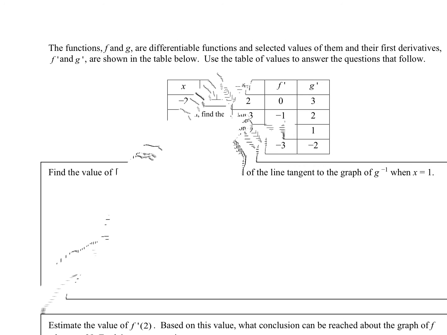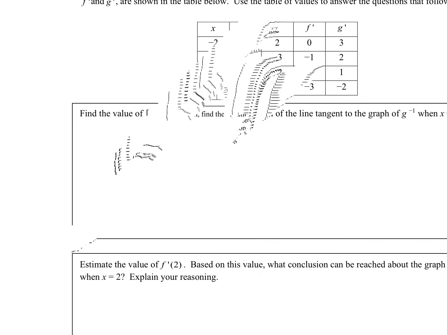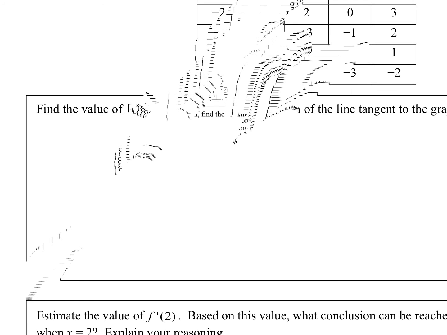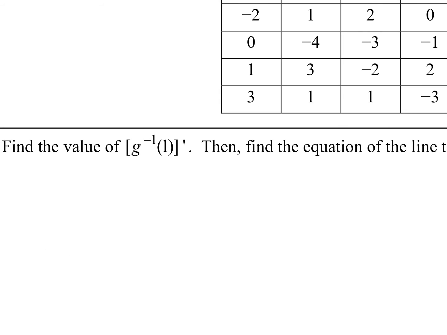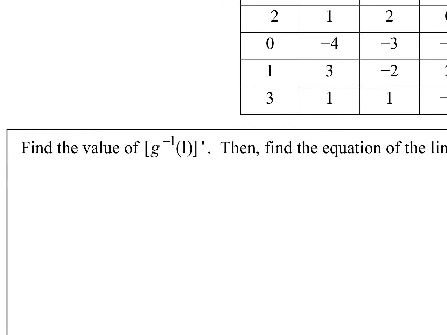Got a big table here. It's as big as the other table. Both f and g are differentiable, so the derivatives are there. Find the value of the derivative of g inverse at 1. So let me write out the definition so I don't do anything stupid, which this does not guarantee, but it may help.